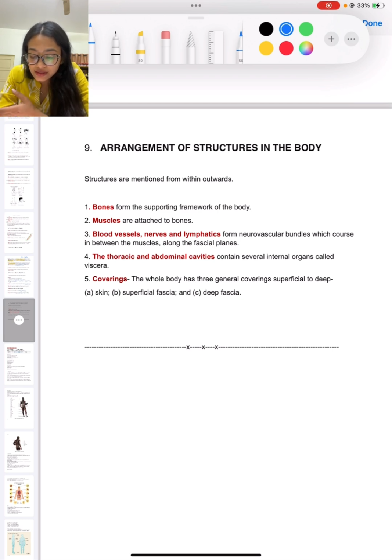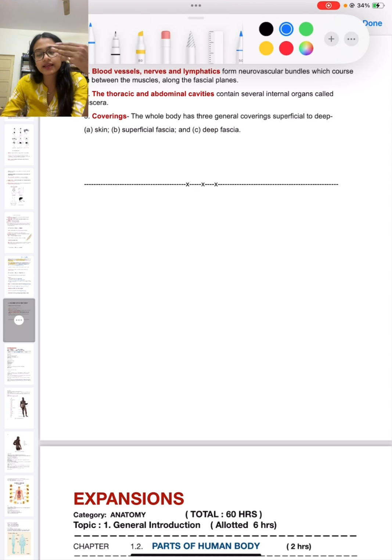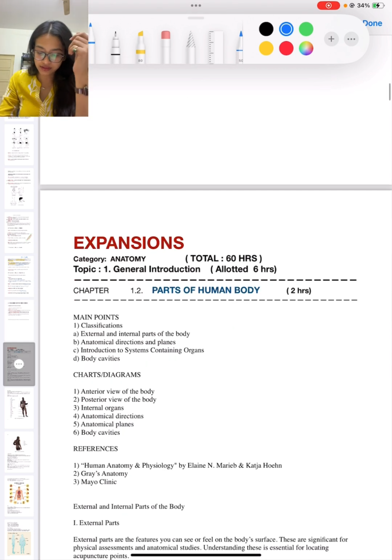The thoracic and abdominal cavity contains several internal organs called viscera. Coverings. The whole body has three general coverings, superficial to deep: skin, superficial fascia, and deep fascia. In general there are more layers and coverings we'll talk about, but in general there are three.